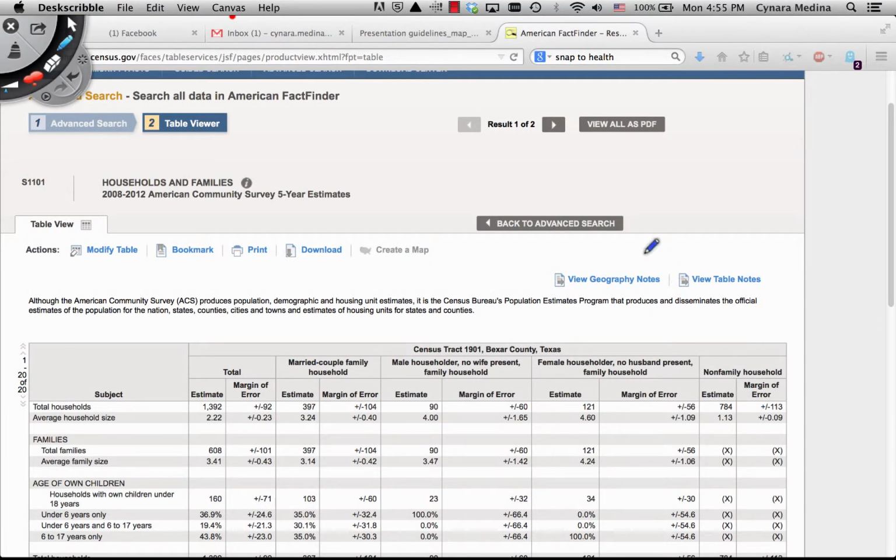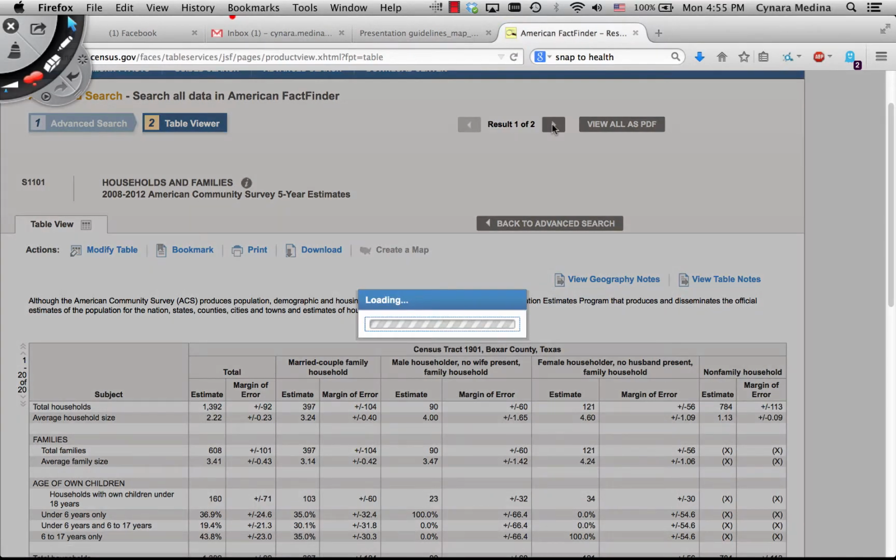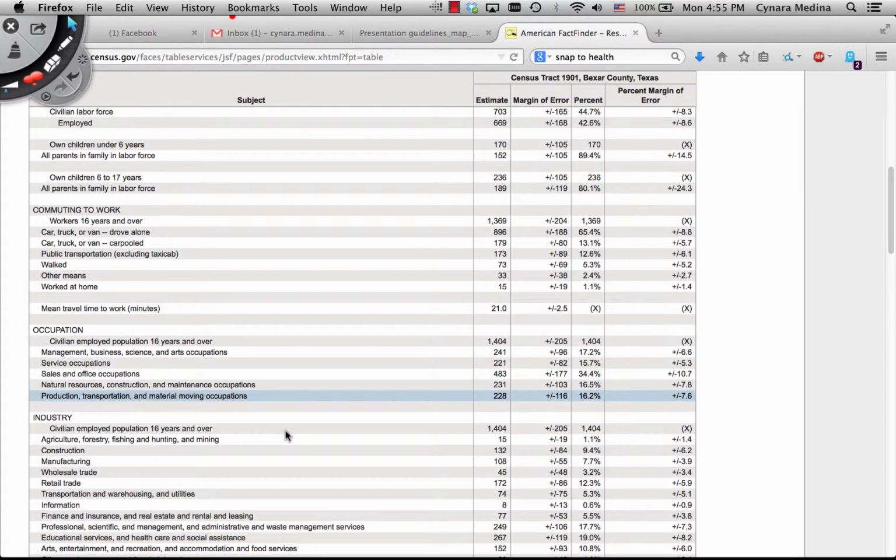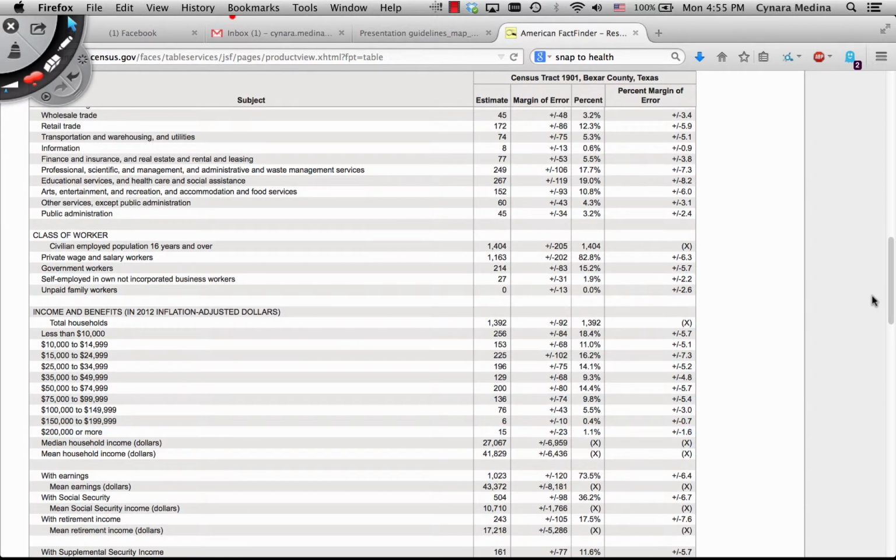So the next piece of information that you will absolutely need is the economic data, the data about employment income, and that you can find in the selected economic characteristics table.